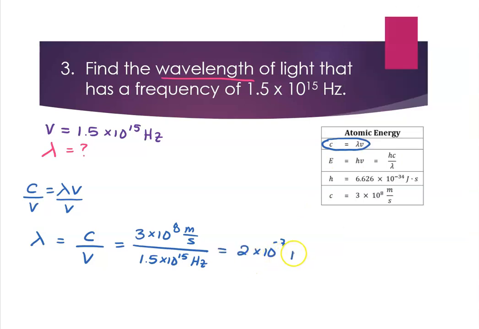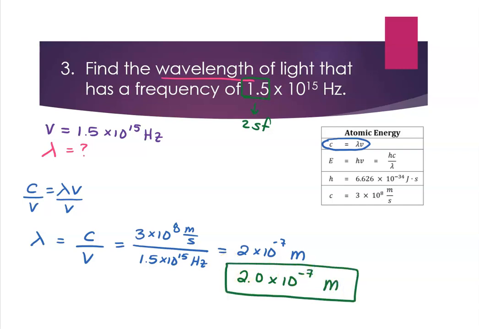And since this is wavelength, my unit is meters. Okay, check sig figs. When I look at sig figs for anything that's in scientific notation, I only look at the numerical value here. This times 10 to the 15th doesn't do anything for my sig figs. So this is 2 sig figs. My answer only has one significant figure, so to fix that, I can just put zeros behind the decimal place. So 2.0 times 10 to the negative 7 meters has 2 significant figures.